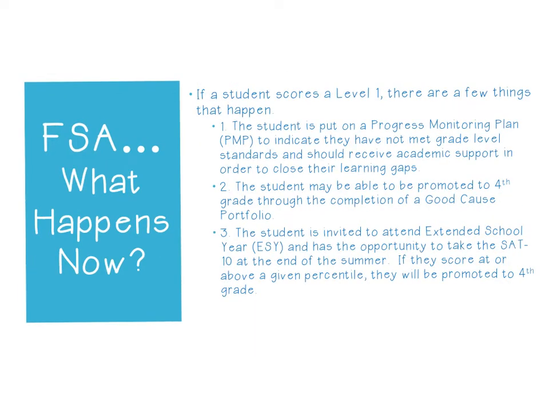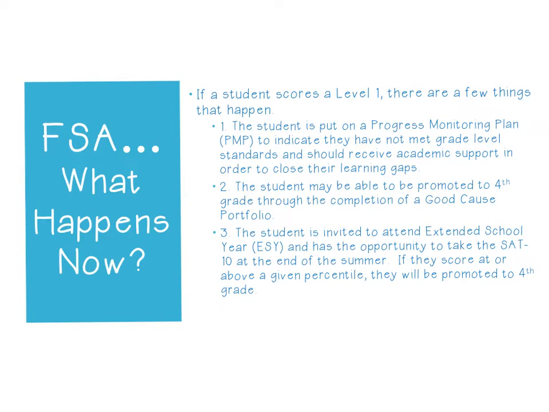So if a student scores a level 1, now what happens? Well, there's a couple different things. First, the student gets put on a progress monitoring plan. That would just indicate that they have not met grade level standards. They need to continue receiving some academic support. They also may be promoted to 4th grade through the completion of a good cause portfolio.